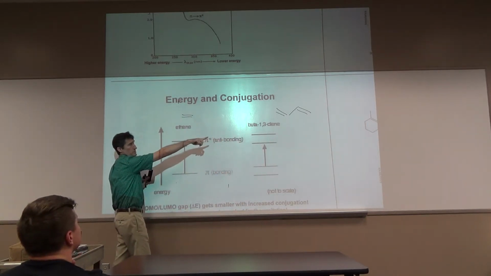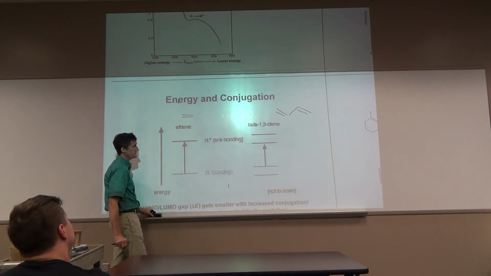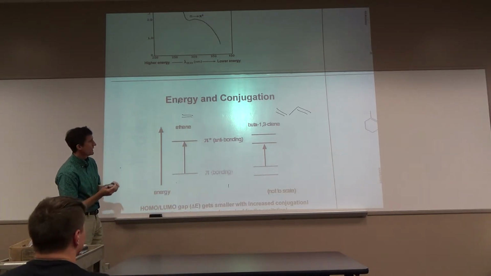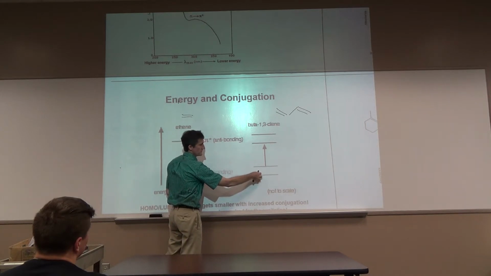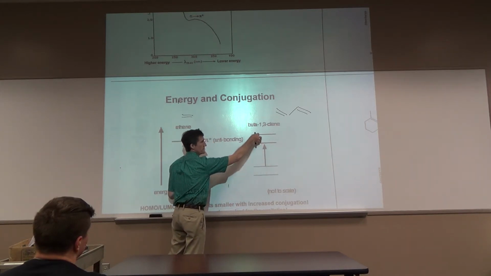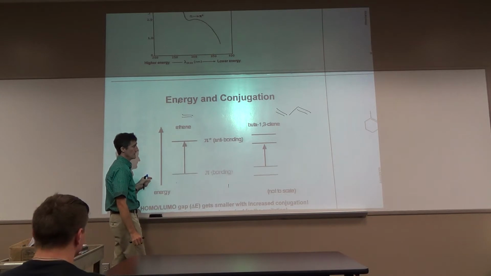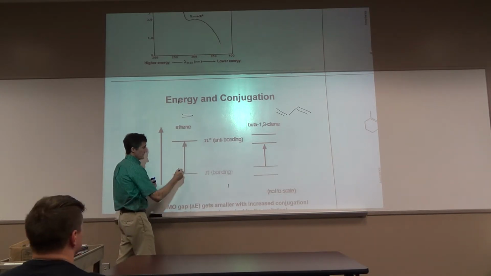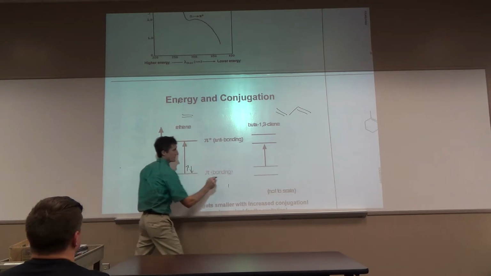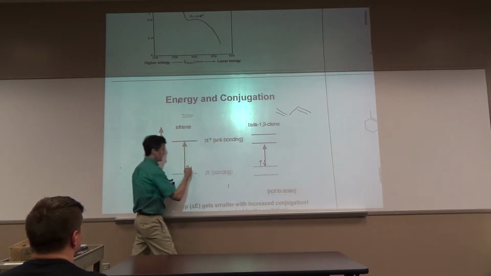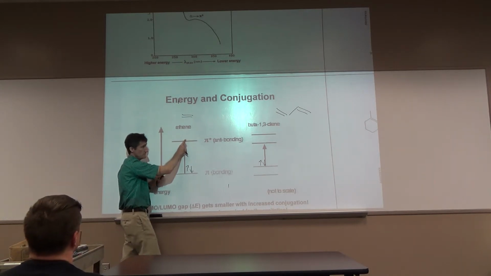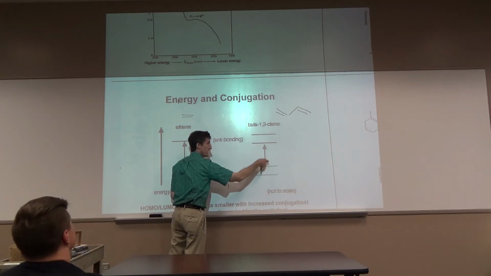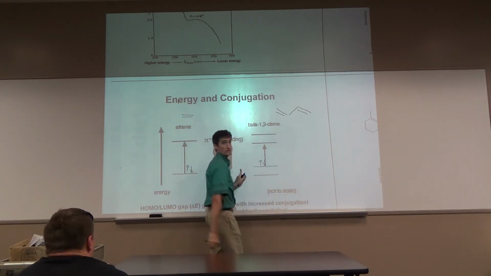The more conjugation you have, the more narrow the gap is between your here and here, with these being ground state MOs, these being excited state. Typically, these have electrons in them, and then we excite here when we get the absorbance. Yeah? The gap is more narrow or smaller, the more conjugation you have.